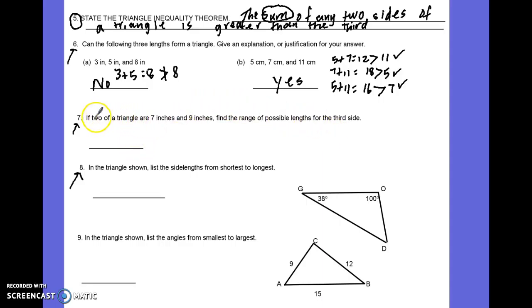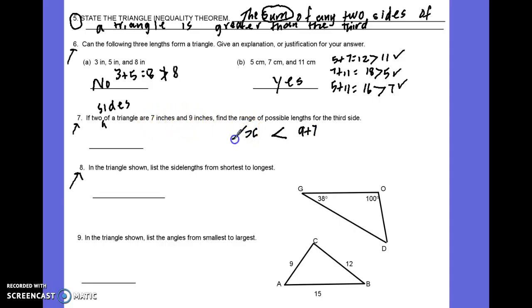All right, let's transition over to another one regarding triangles and side lengths. Again, if 2 sides of a triangle are 7 inches and 9 inches, find the range of possible lengths for the third side. If the third side is x, which we don't know yet, the upper limit, or the ceiling, we get by adding.